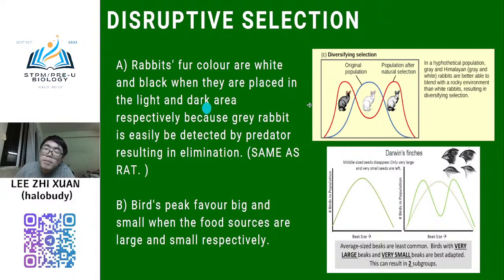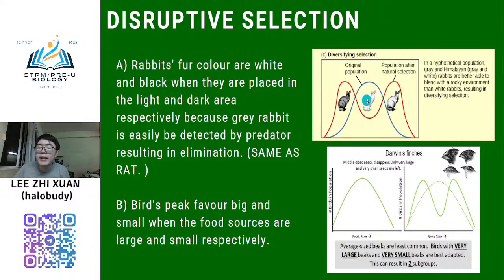But when the rabbit stays in a dark area, like in a cave, if it has white skin, it is not suitable, right? It is very easy to see. If the rabbit is in the dark area and appears white, what is the effect? It appears very clearly.